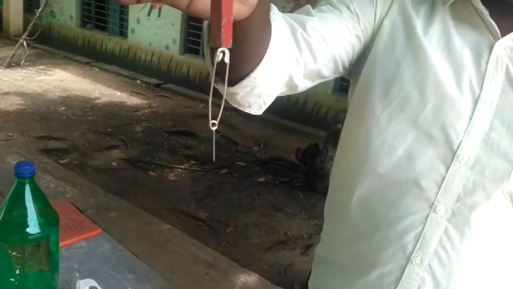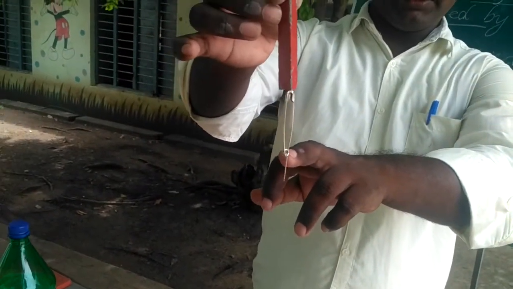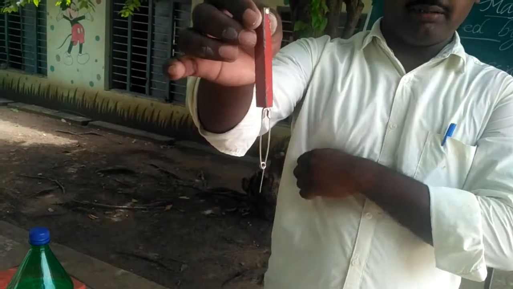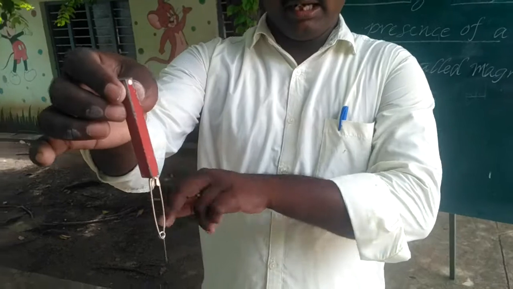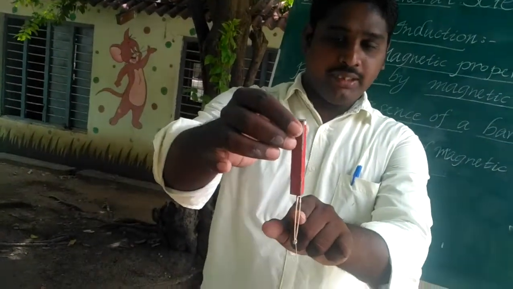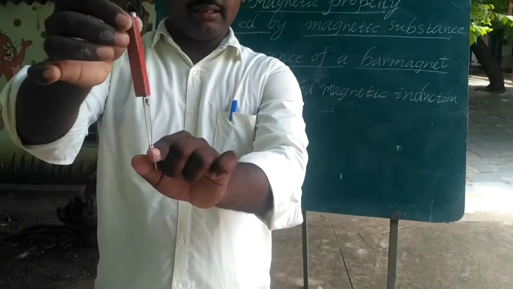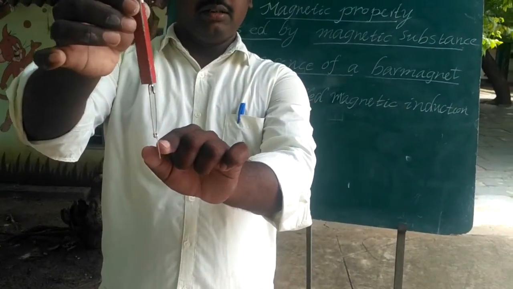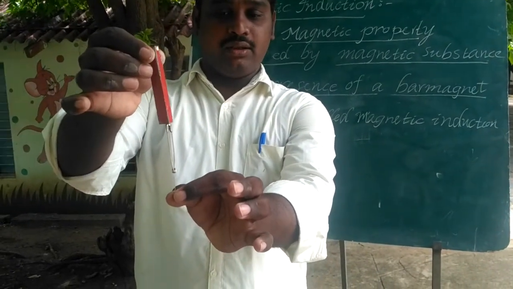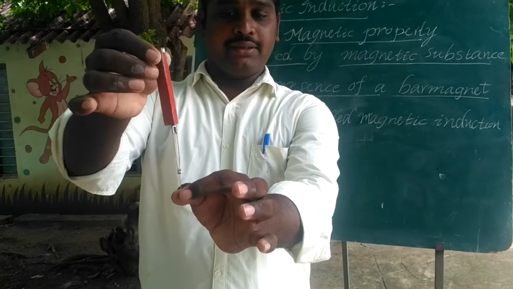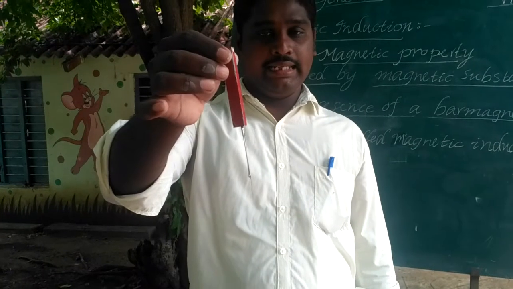We notice that the needle is attracted to and sticks to the safety pin. What is the reason? Due to magnetic induction. The safety pin acts as a magnet, so it creates a magnetic field surrounding it. So the needle is also attracted to the safety pin because of magnetic induction.